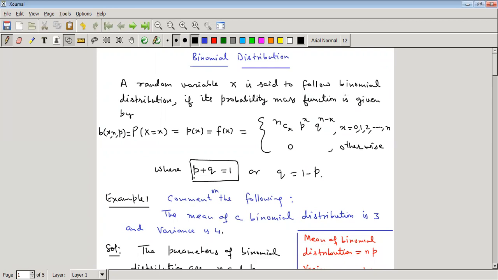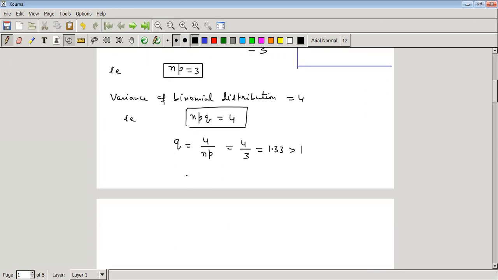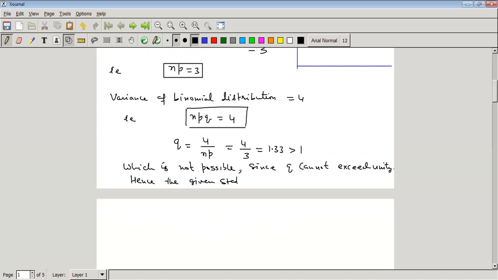But here q exceeds 1, which is not possible, since q cannot exceed unity. Hence the given statement is wrong.